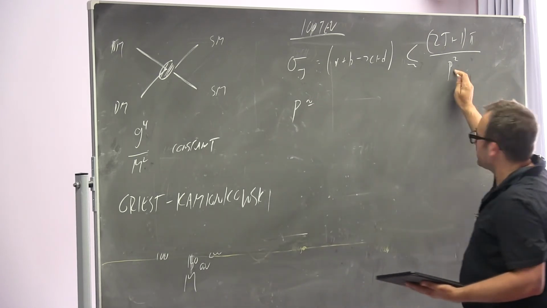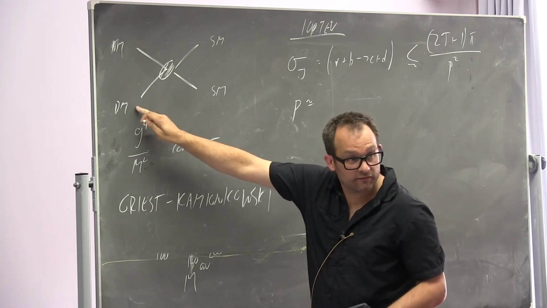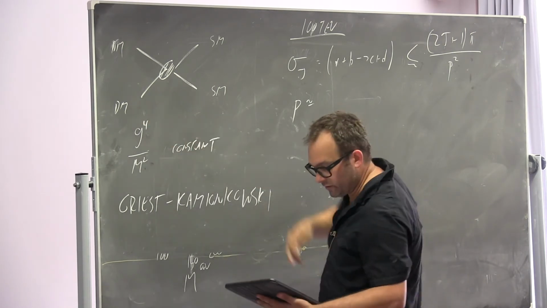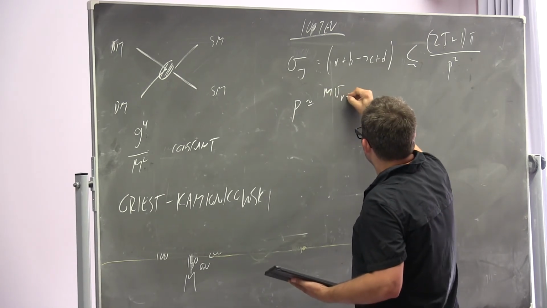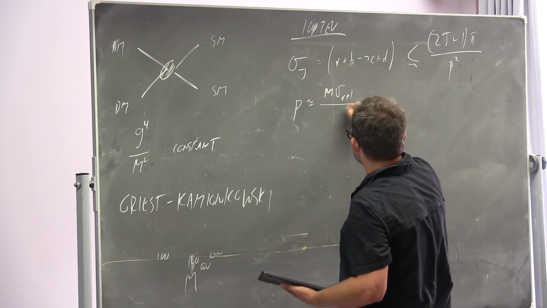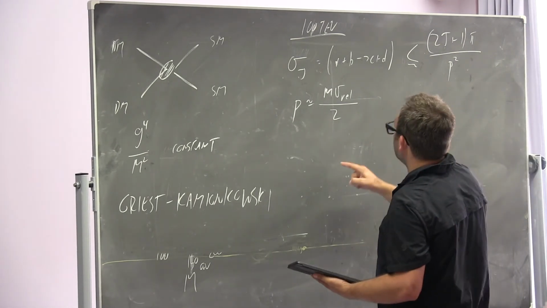The momentum here, for our purposes, is something when this freezes out, it freezes out non-relativistically. That's what it means to freeze out. So our momentum is non-relativistic. So this is basically m v_rel, the relative velocity of these guys, divided by 2. You turn the crank on that, put it in here.